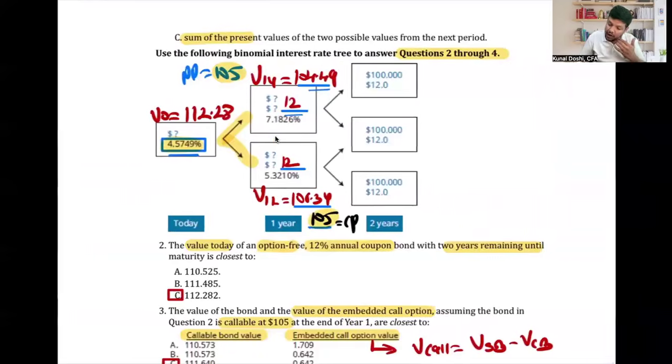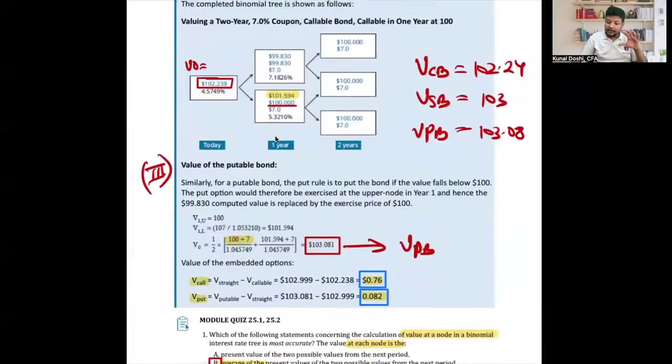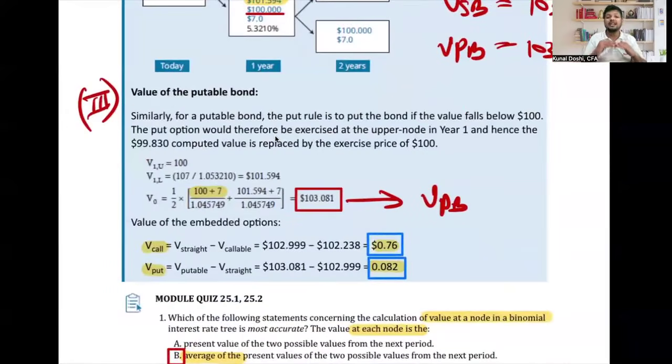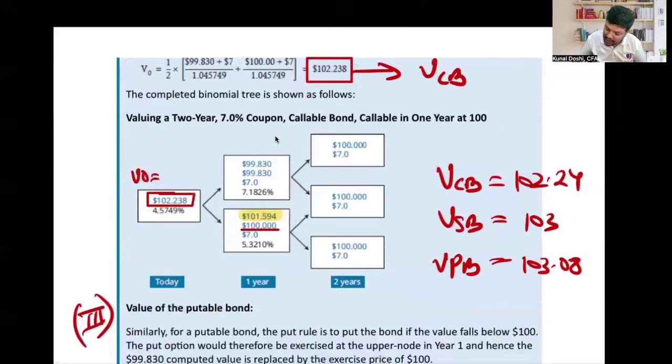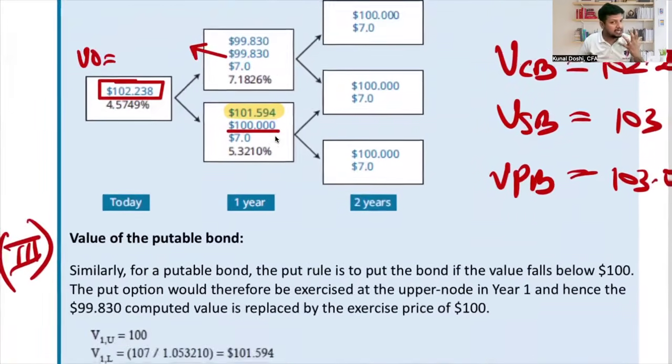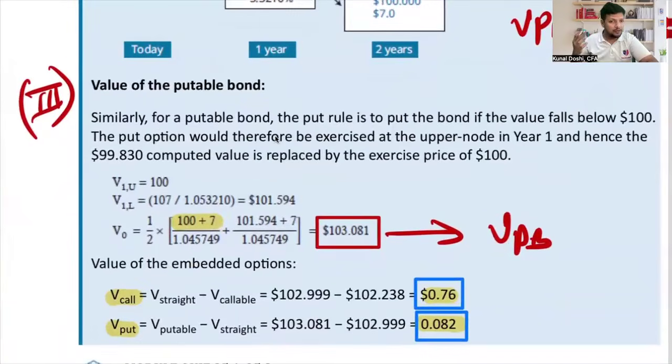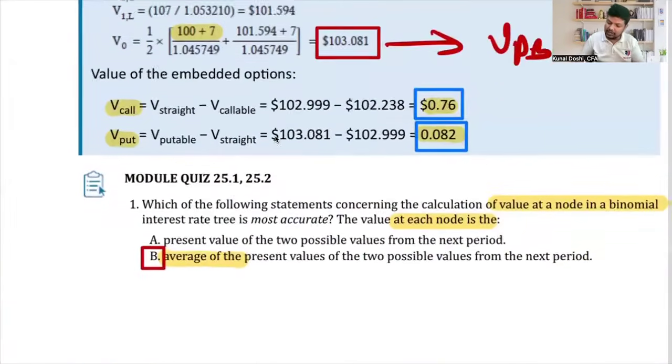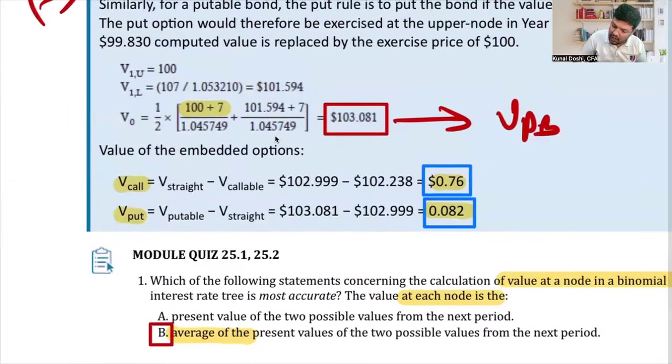In a putable bond, the minimum price you will get is 100. Whenever the value goes below 100, you will at least get 100. This is very crucial and highly tested in the exam. So, the option-free bond and the callable bond's value is relatively low.